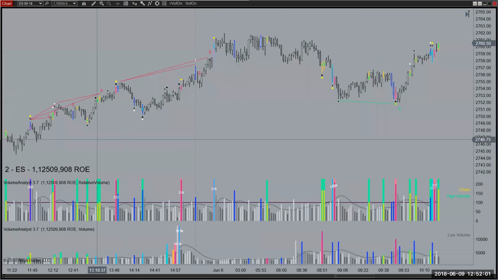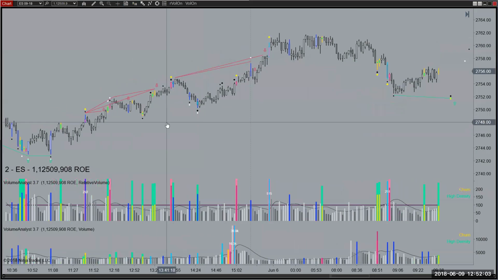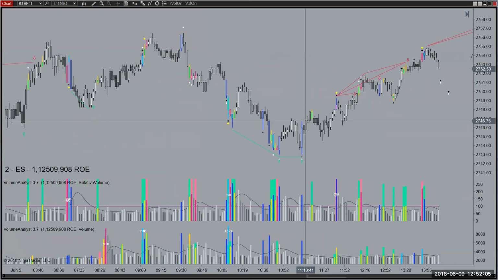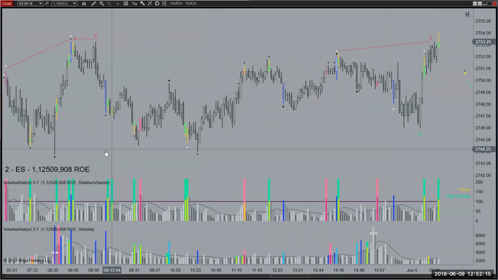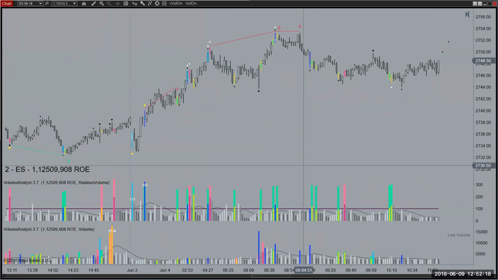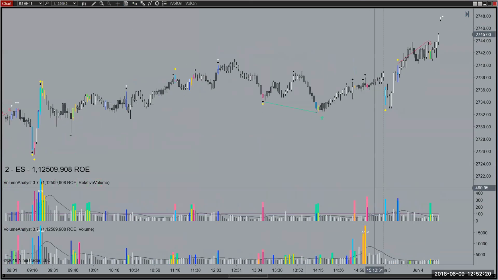You can prove that to yourself pretty quickly. That's one of the uses of the relative volume: to identify that really high volume in the overnight, really high relative volume, which doesn't really show up as much of anything.